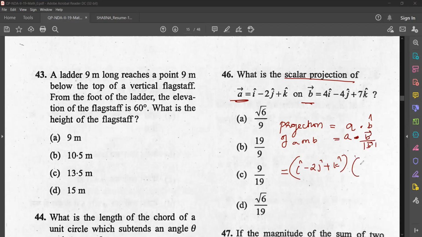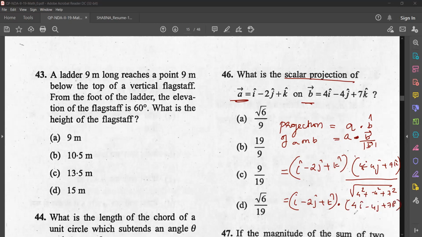So B vector is 4i minus 4j plus 7k divided by its magnitude, root of 4 square plus minus 4 square plus 7 square, which is 16 plus 16 plus 49. You will get root 81.